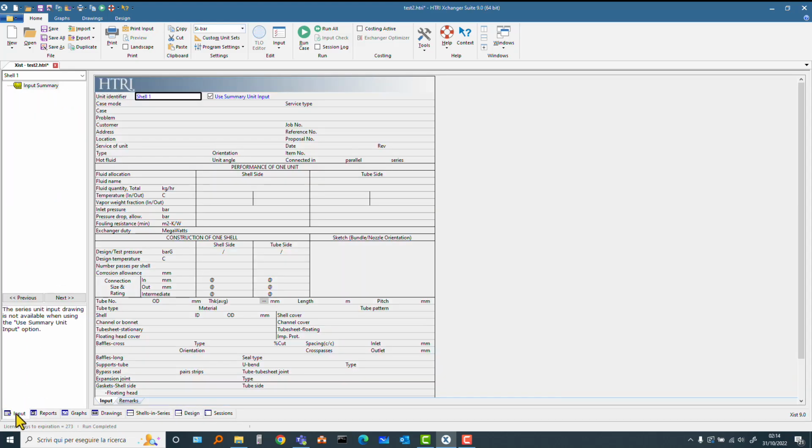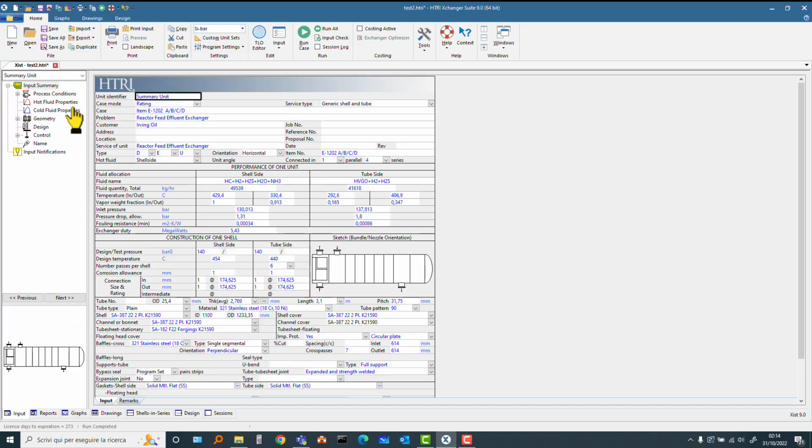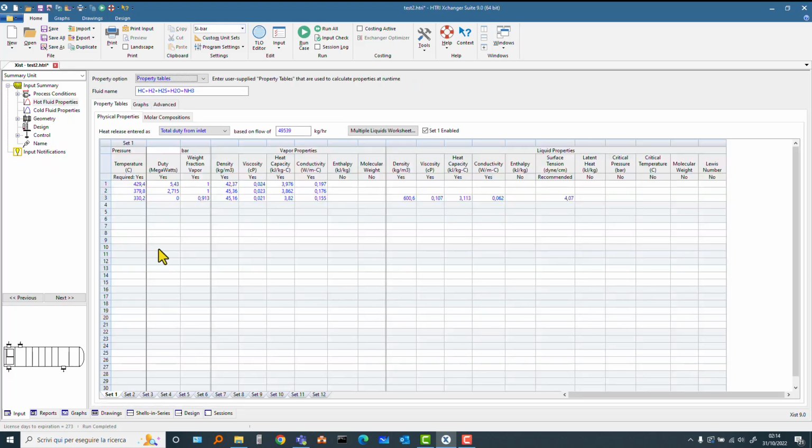So input, not on the summary unit, hot fluid properties. You see that here there is the duty, which is the input, the amount of heat that has been exchanged, so the enthalpy of the fluid.